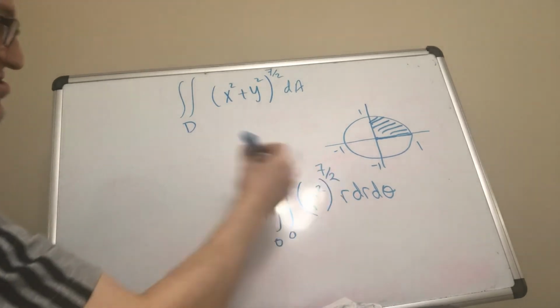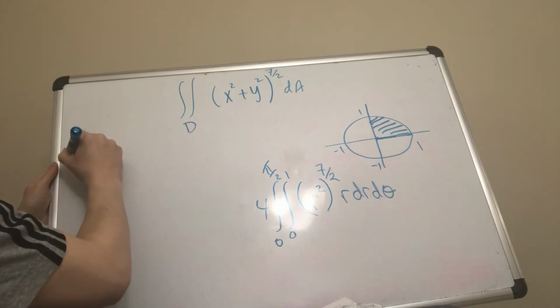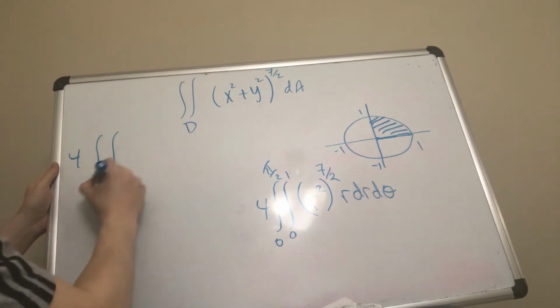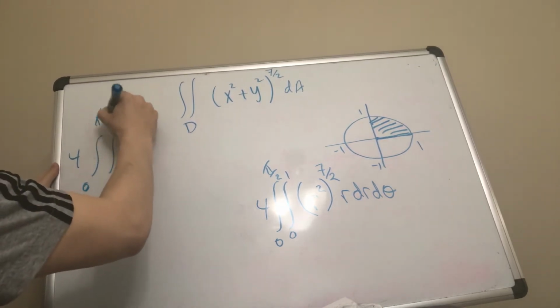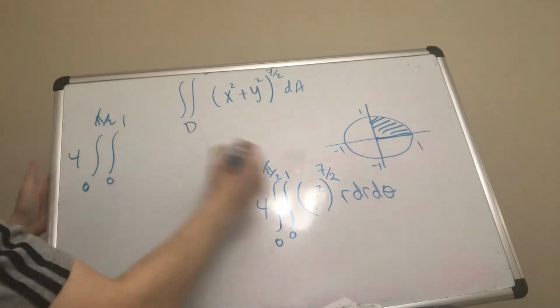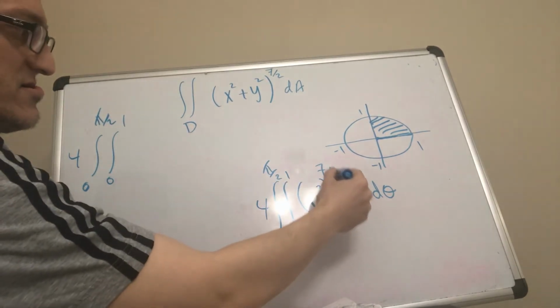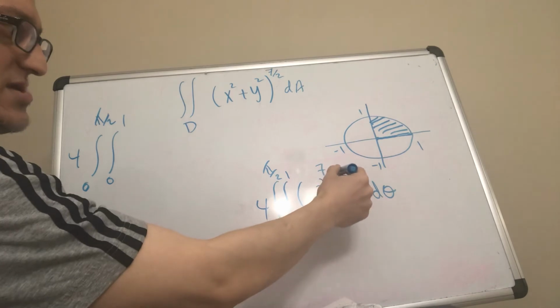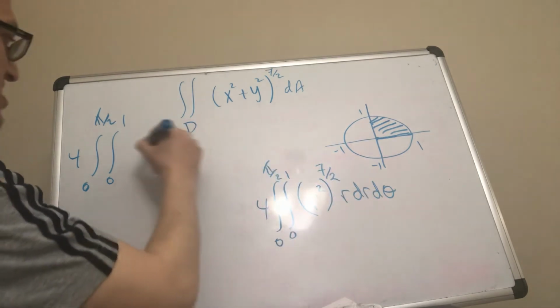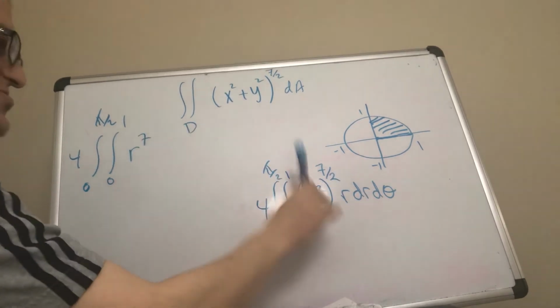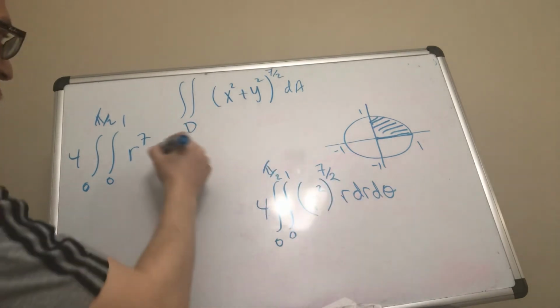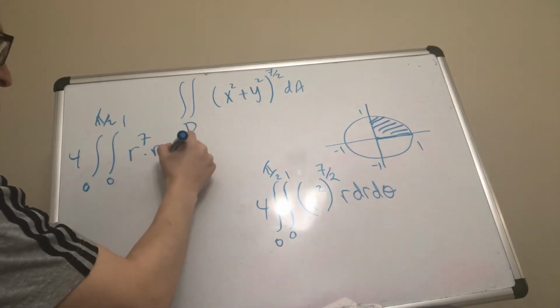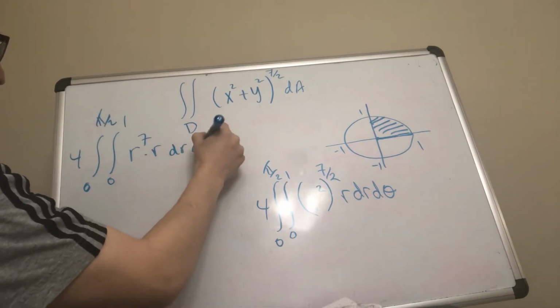Now, when you raise exponents to exponents, you multiply the exponents. So 7 over 2 times 2 becomes 7. Times r dr d theta.